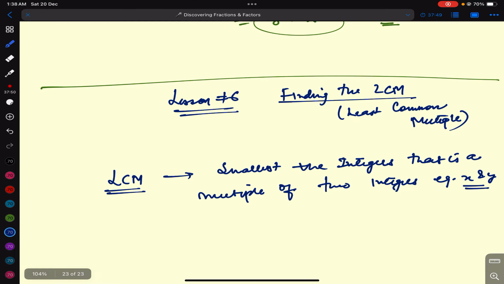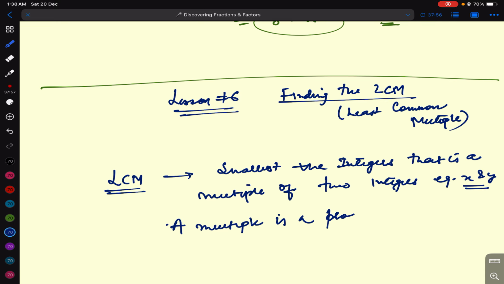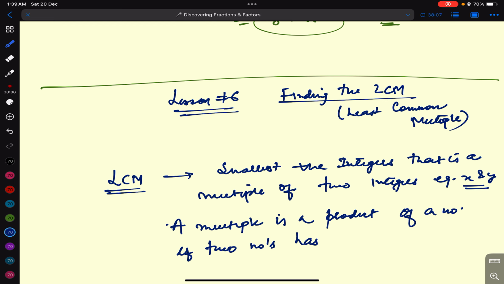When I say a multiple, a multiple is a product of a number. If two numbers have one or more multiples in common, then they are called common multiples.